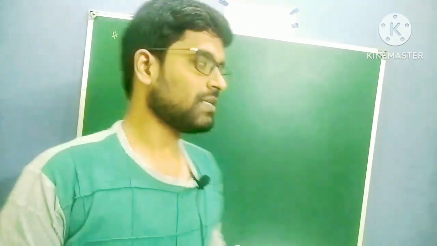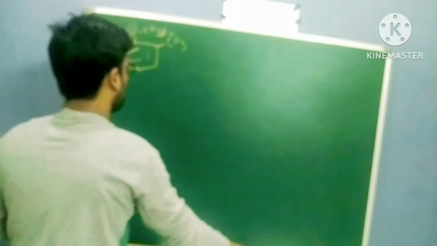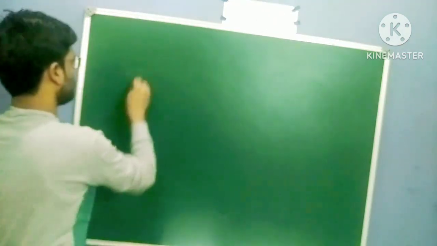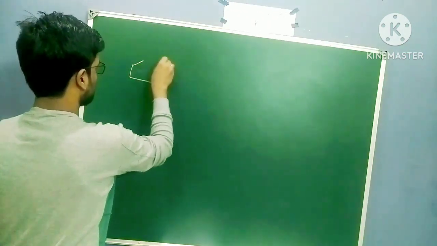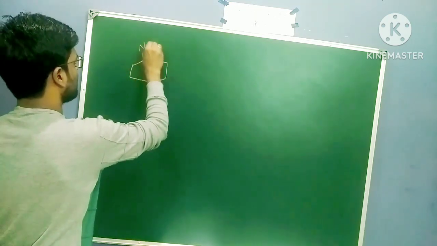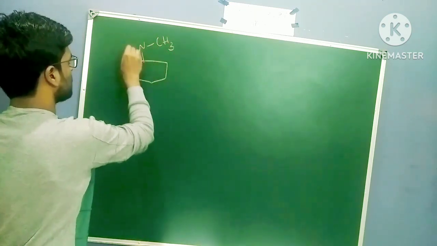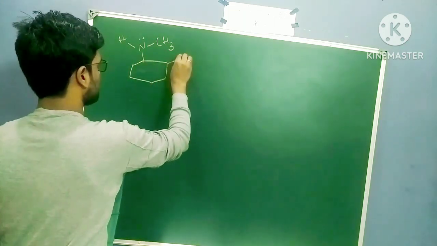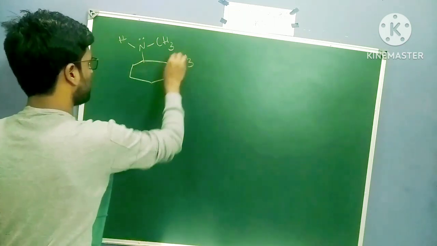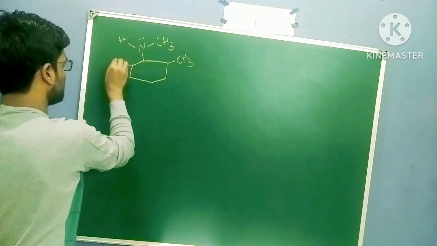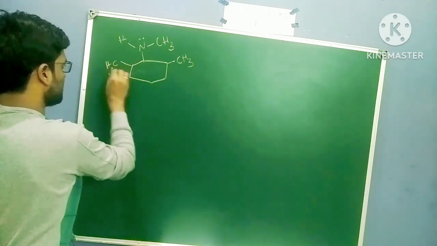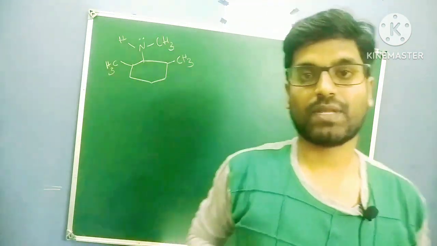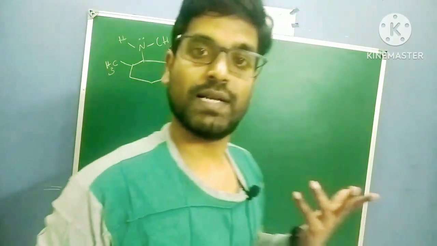Now, suppose I have this molecule. Here I have NCH3, and here one CH3 group is there. That means one person, and another person is also there at this other ortho position. This is ortho position, this is ortho position, you know this. If two persons are there, then what happens? Hindrance will increase.